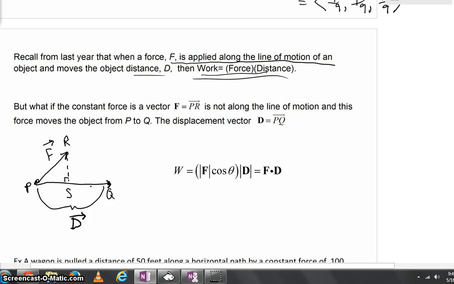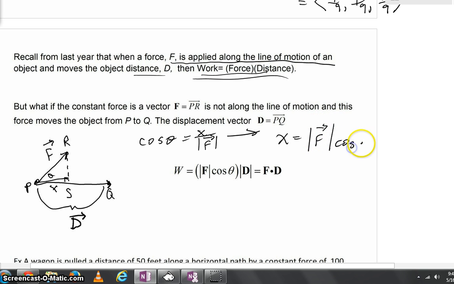Now from here, guys, what I want to point out is that x right here would be the length of the shadow. That would be the component of the force vector in the direction of vector PQ. So if this is theta, we could, just as we did on the front page, say that cosine of theta is x all over the length of the force vector, meaning that x is the length of the force vector times the cosine of theta.